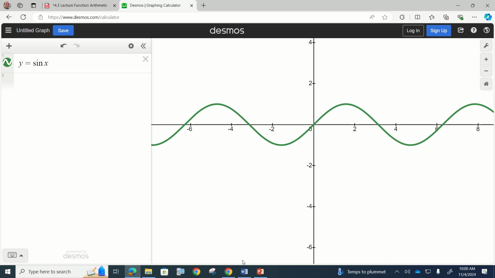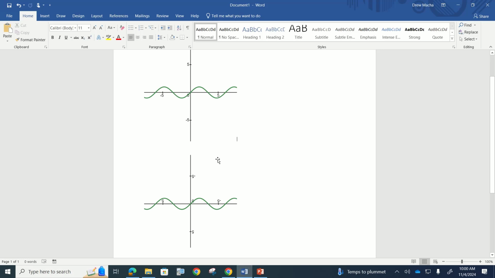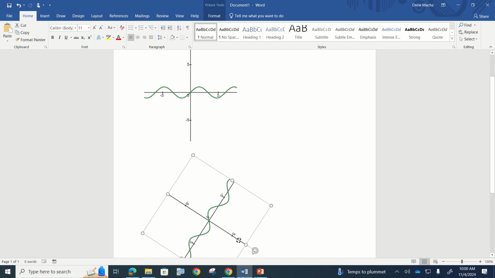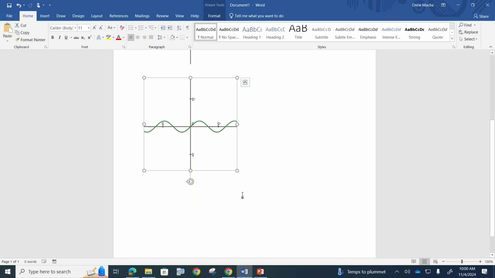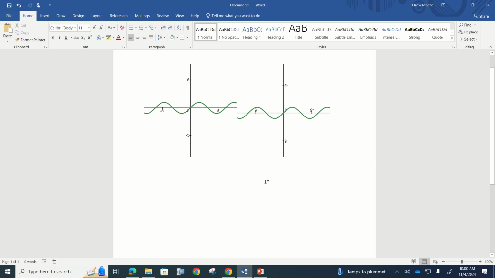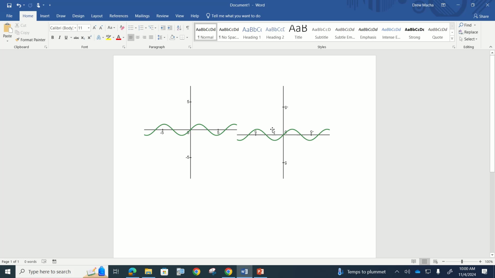So there's something you can do if you have Microsoft Word available. Just copy and paste your graph, and then grab the rotation thing, and then rotate it 180 degrees. And then you can compare them side by side. And say, yeah, that looks like exactly the same picture. I just rotated this one. I didn't rotate that one, but it still looks the same.